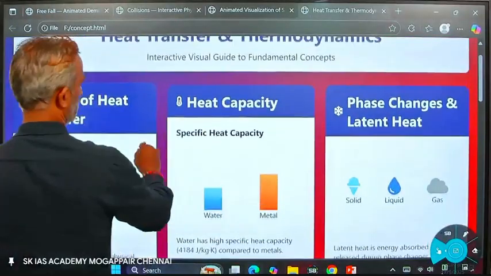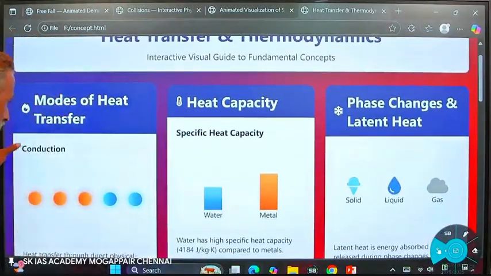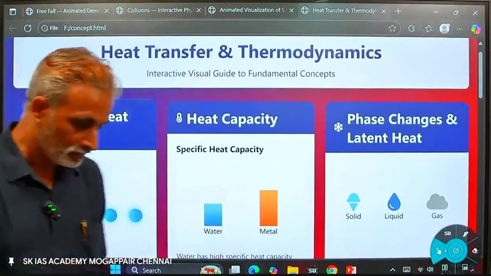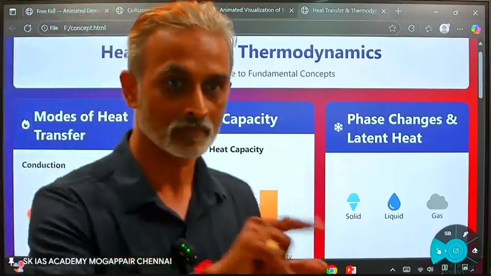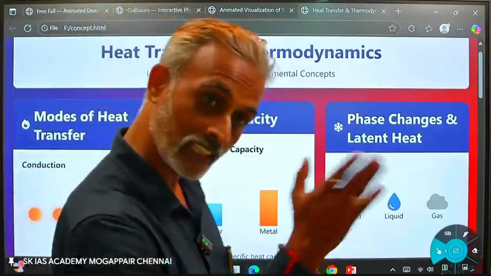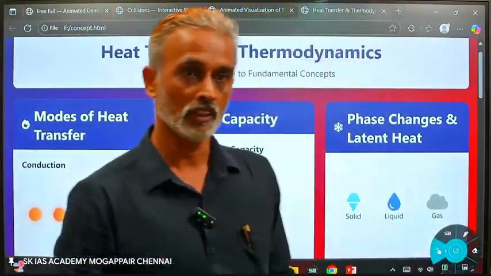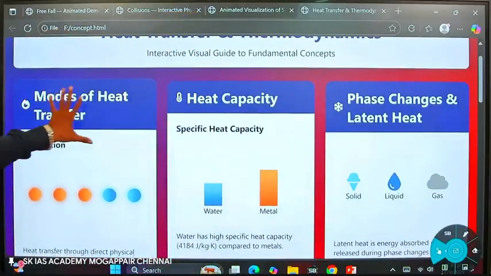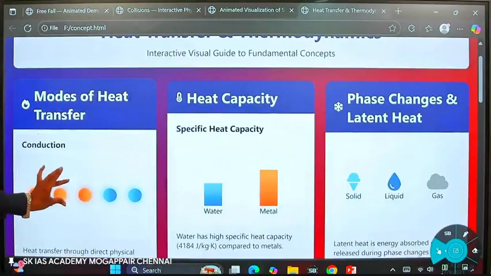See, in school they will start heat next week maybe, or after Vijayadashami. But see, heat: how are the modes of heat transfer? This is conduction.